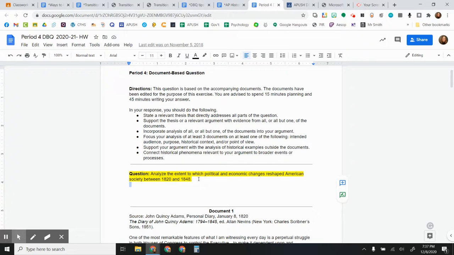I'll repeat again that if you read the documents before coming up with your argument, quite often you make your arguments based on the documents, and that is not what the scorers want to read. They want your argument, and they want to see how you can use outside evidence to support your argument. All right, I think that's all I have to say, so good luck.